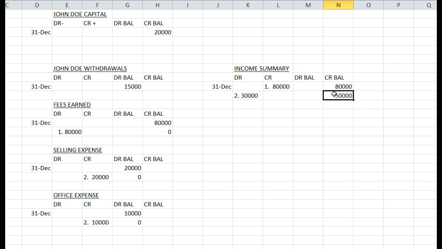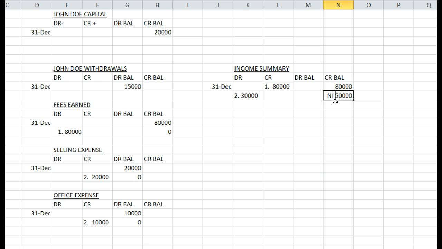I suppose for teaching purposes, I could label that $50,000 the net income. Hopefully it'll fit in there, and there it is. Okay, so hopefully we'll be good. All right, so again, typically you would not do that in an account, but you can see the revenues minus the expenses equals the net income.